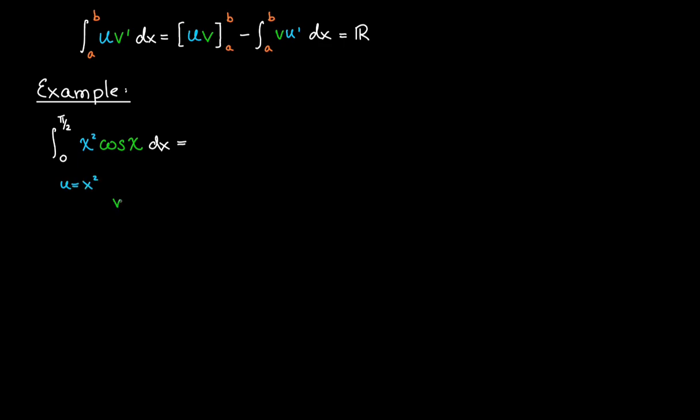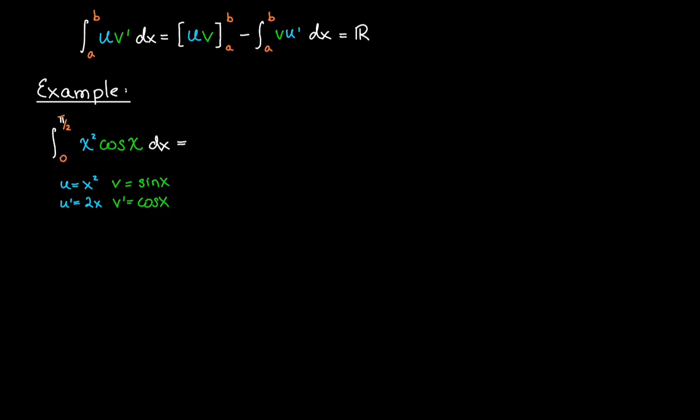And then our v prime is going to be cosine of x. And immediately I can compute our v, the integral of cosine, which is just going to be sine of x. And then the u derivative, or u prime, is simply 2x.